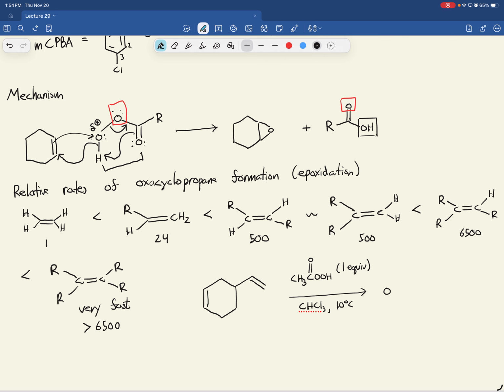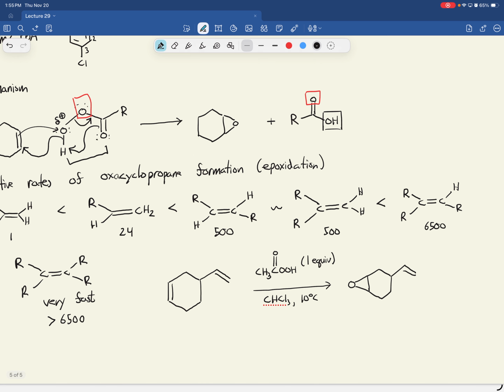So what you get is the epoxide forming preferentially on the cyclohexane ring because it's di-substituted. Okay, right here. So you get this in 86%, so a pretty good reaction. Pretty straightforward.